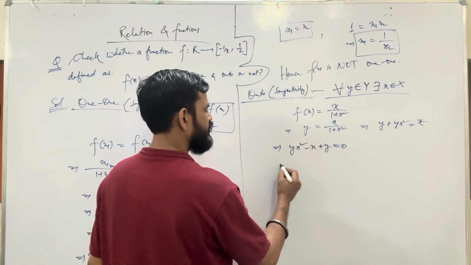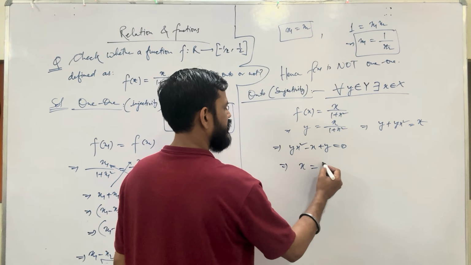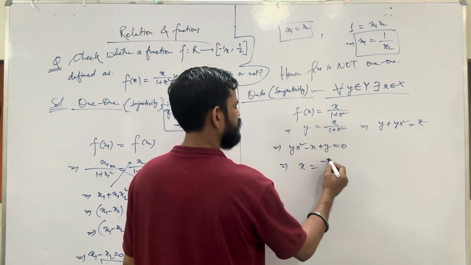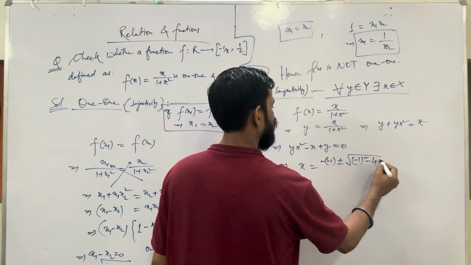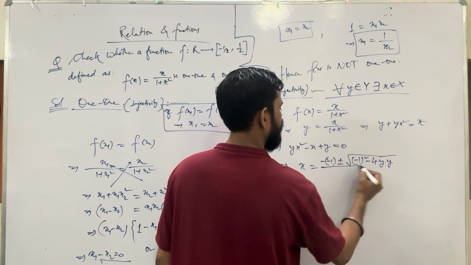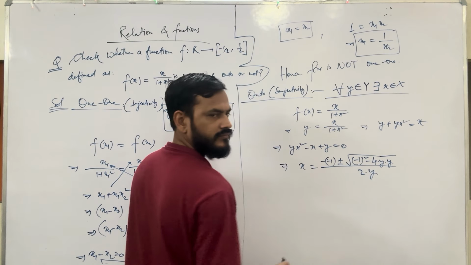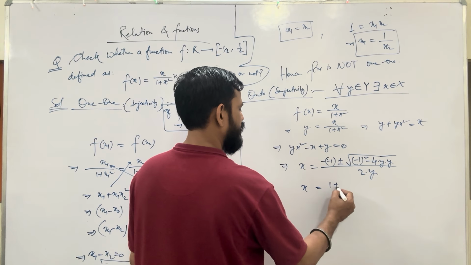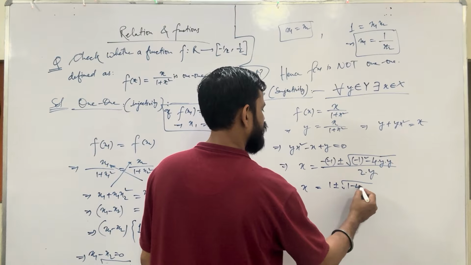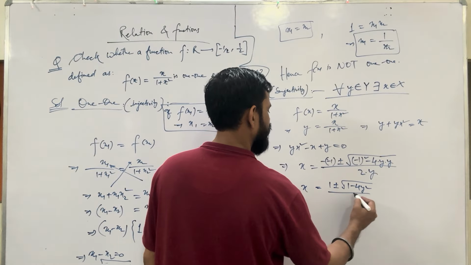How to solve a quadratic equation in x? x will be minus b plus minus square root of b square minus 4ac, by 2a. Now x will be 1 plus minus square root of 1 minus 4 y square, divided by 2y.